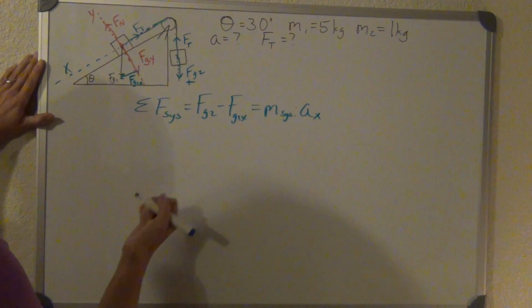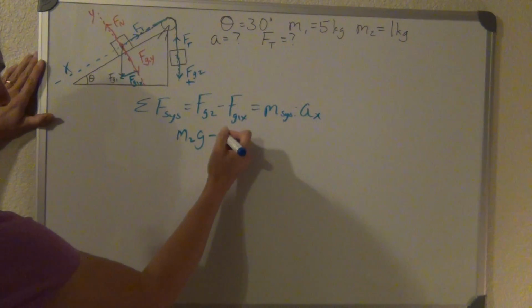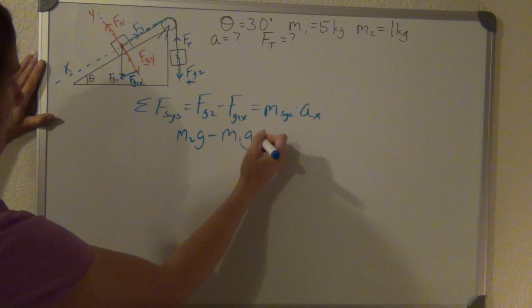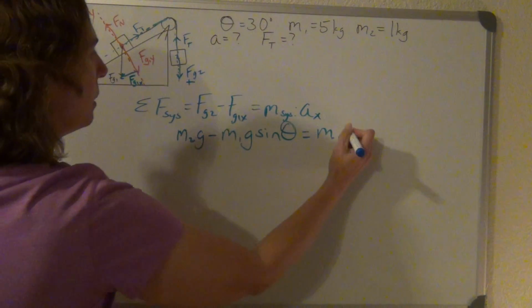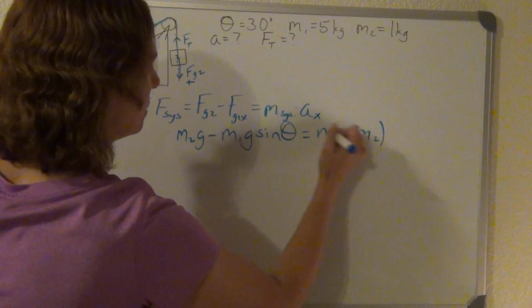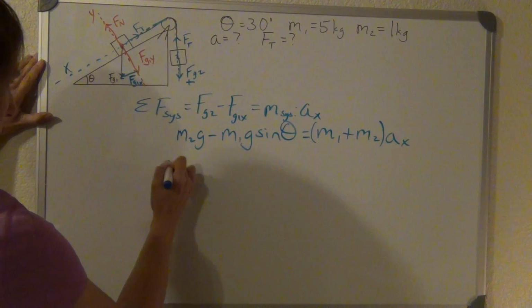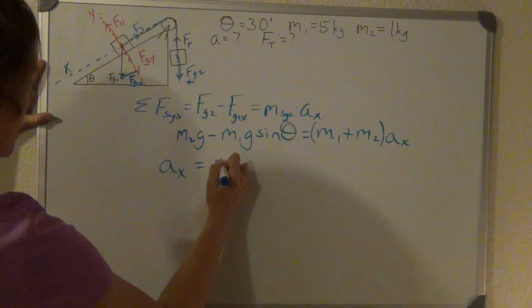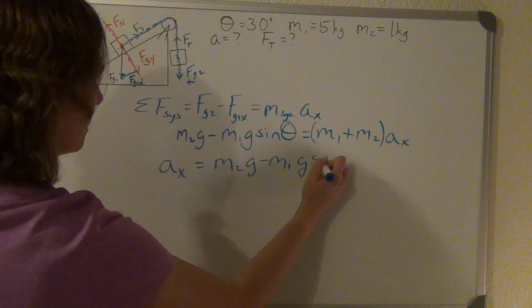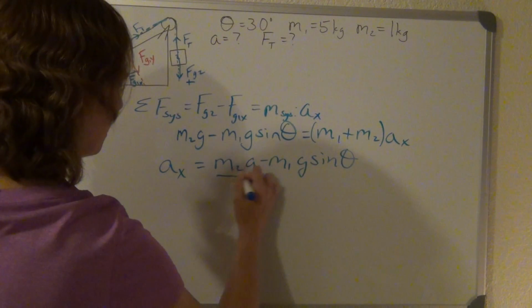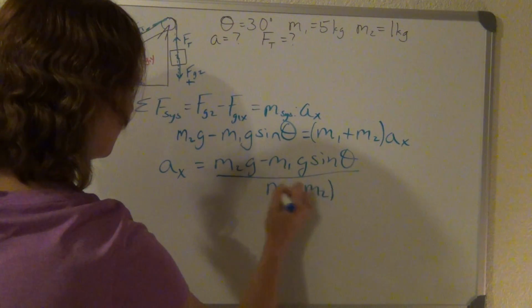Okay, so we have FG2, which was m2g, minus m1g sine theta, equals m1 plus m2 times acceleration in the x direction. So our acceleration, we said, was m2g minus m1g sine theta over m1 plus m2.